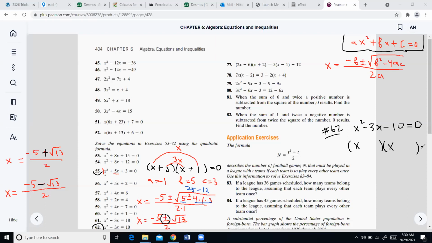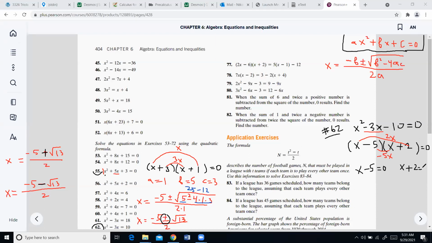How would you factor -10? Looks like -5 multiplied by +2. So please notice that if you multiply these parentheses together, you get -5x in the middle and a plus 2x product on the outside. And when you combine -5 and 2, you get -3. So I don't need to worry about using the formula. I could just solve the equation by factoring, which is, I think, much more straightforward because it gives you very nice answers, right?